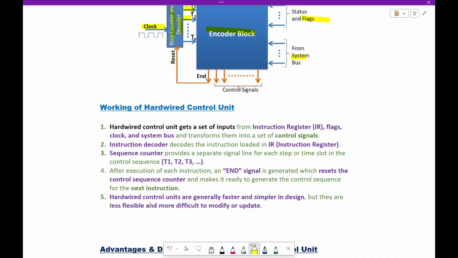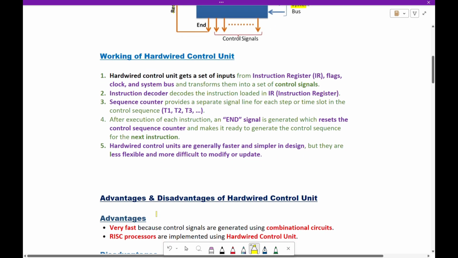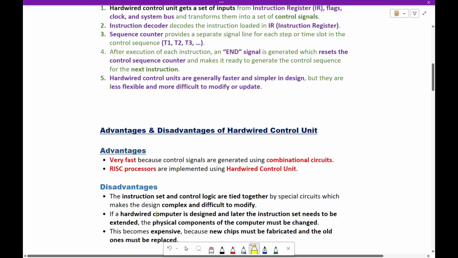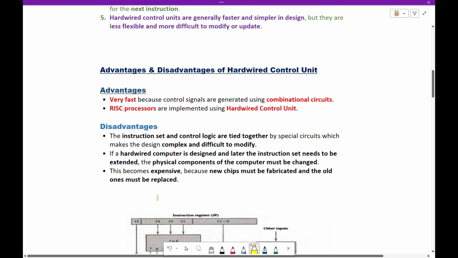Hardware control unit is generally faster and simple in design, but it is less flexible and more difficult to modify or update. So here you see the advantage and disadvantage of hardware control unit. The main advantage of hardware control unit is speed. It is very fast.